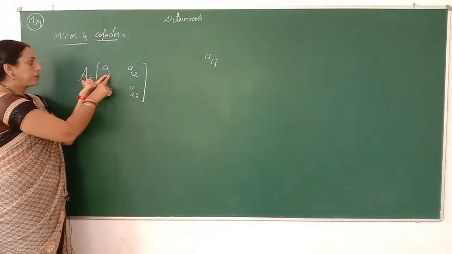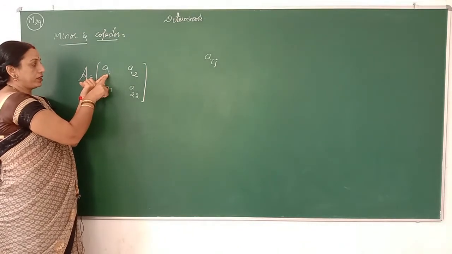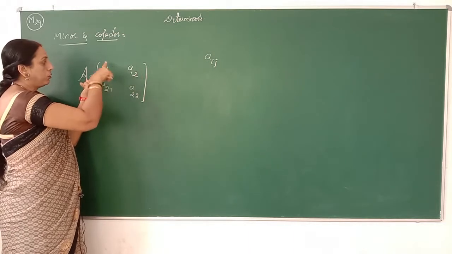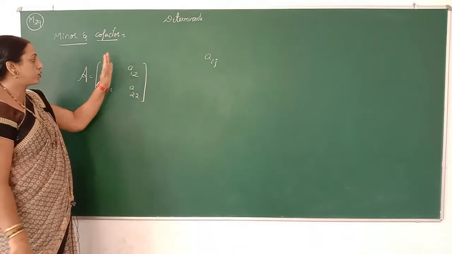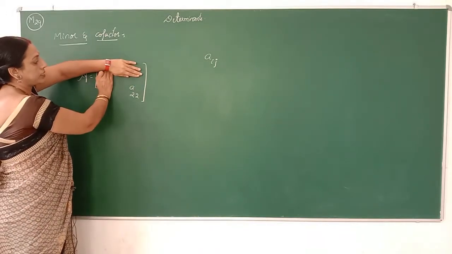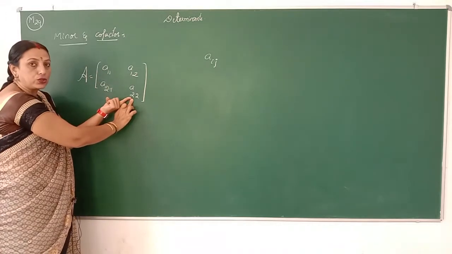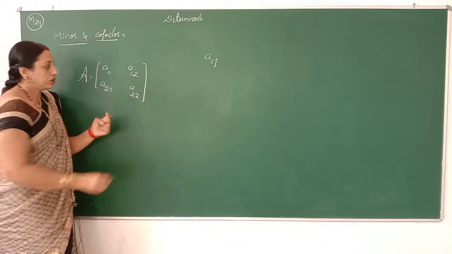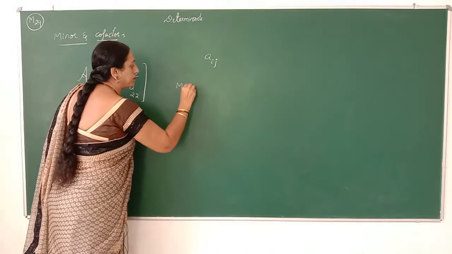Similarly, the minor of A11. A11 is an element of the first row and first column, and these are neglected, and the remaining element is nothing but A22. That is called the minor of A11. The minor of a general element Aij is denoted by capital Mij.